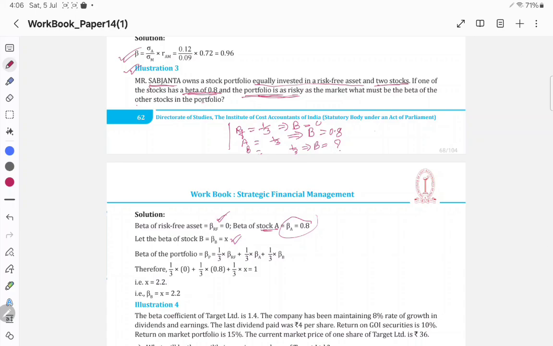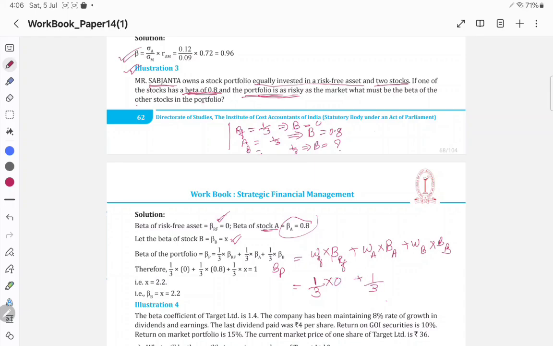So how to calculate the beta of the portfolio? It is the weight of the risk-free portfolio into its beta, plus the weight of A into the beta of A, plus the weight of B into the beta of B. This will be the beta of the portfolio. The weight of the risk-free portfolio is 1 by 3 and its beta is 0.